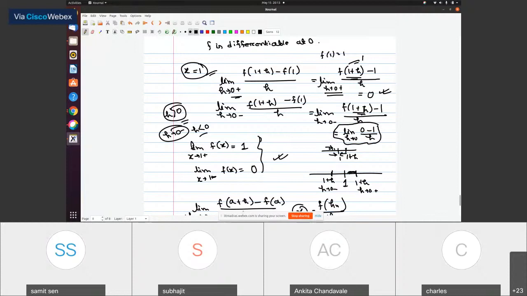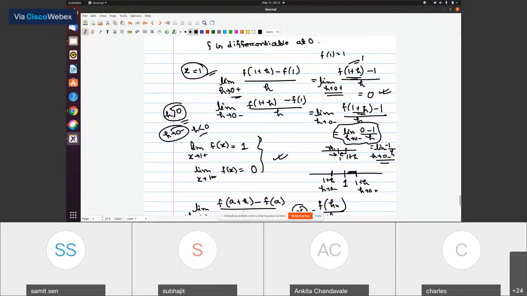So this is nothing but limit of minus 1 by h as h tends to 0. So this limit does not exist, because h diverges, right? Because 1 by h, if h is approaching 0, then 1 by h approaches towards infinity. So it is basically undefined.